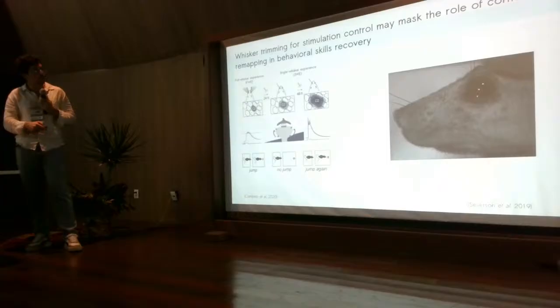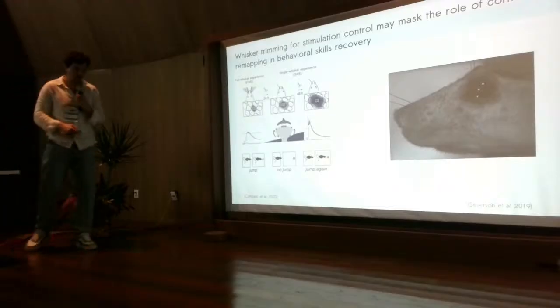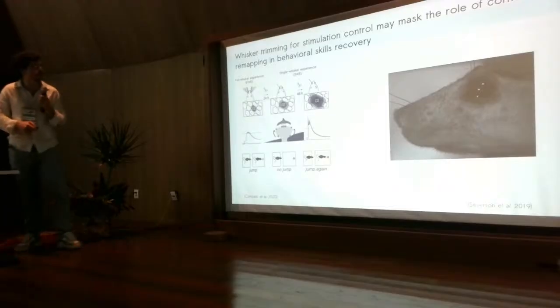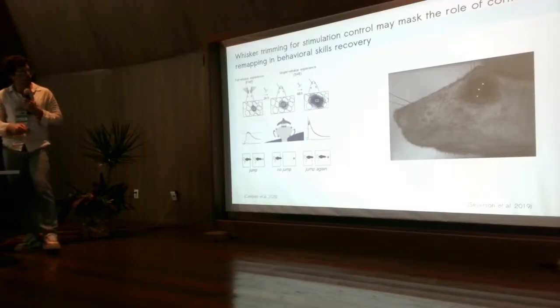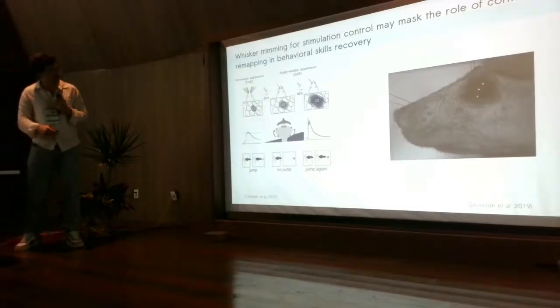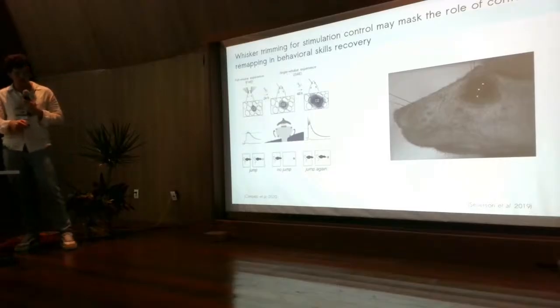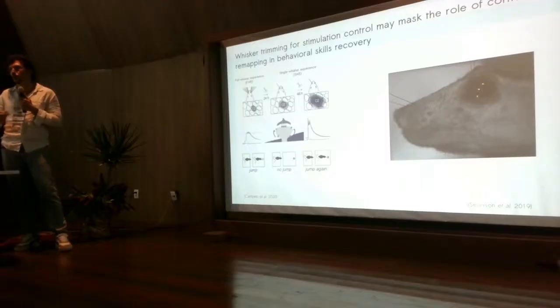This is due to more and more recruitment of cells around the barrel of the spared vibrissa in the deprived barrels. So in this paper, from the Gambino's lab where I worked, we have shown that LTP is important for this process and also for the behavioral recovery during the single whisker experience.